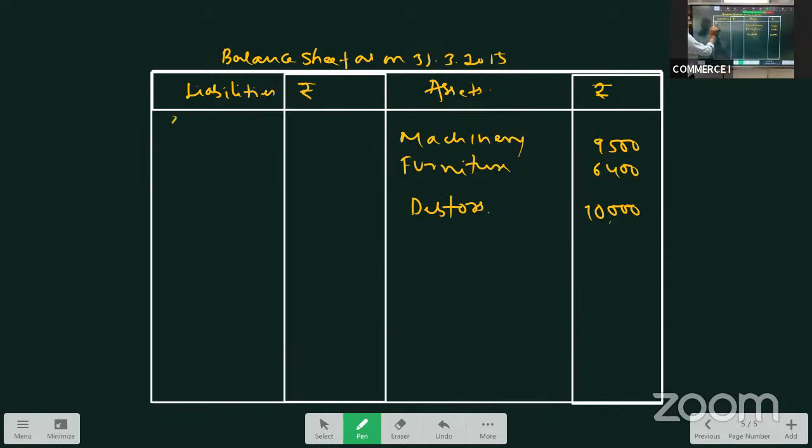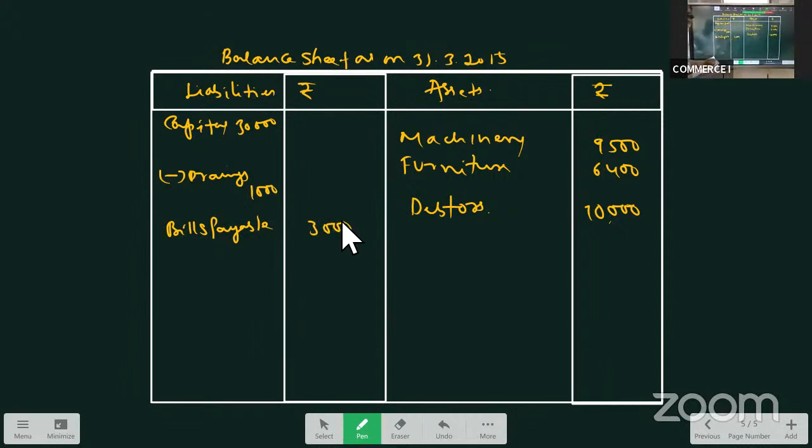Drawings we deduct from capital. Drawings are given as 1,000. Then on the credit side, sales, capital. Capital is 30,000. Bills payable is a liability, 3,000. Then bank loan, 5,000. Right?